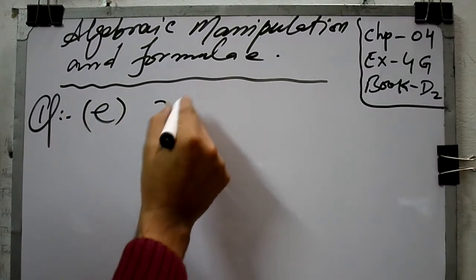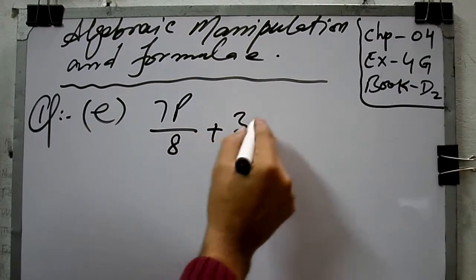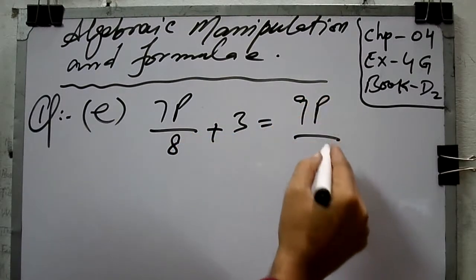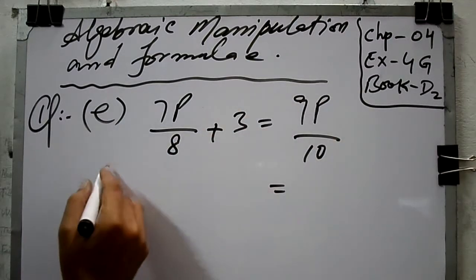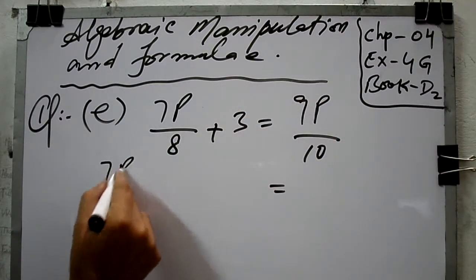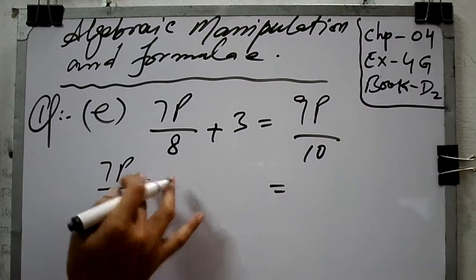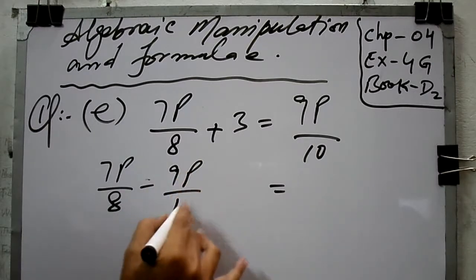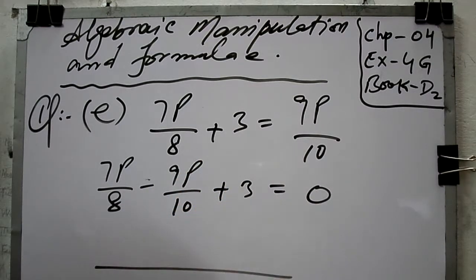Seven P, so shift here, 7p minus 9p by 10 plus 3 is equal to 0. So taking the LCM, how can you find the LCM?